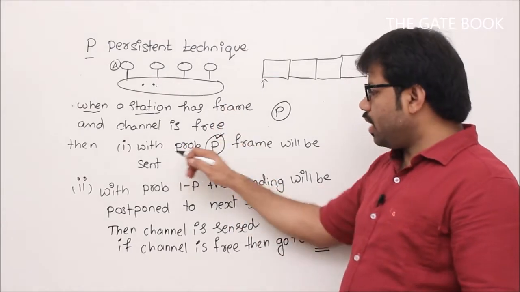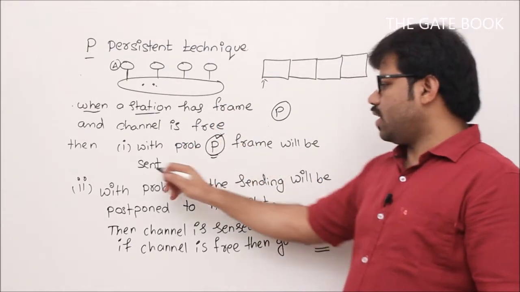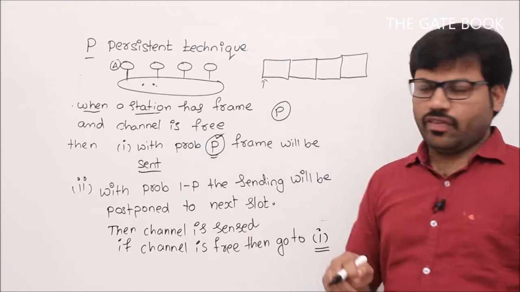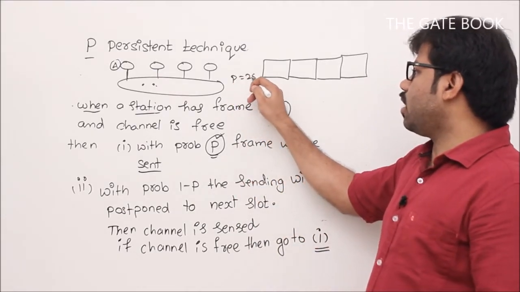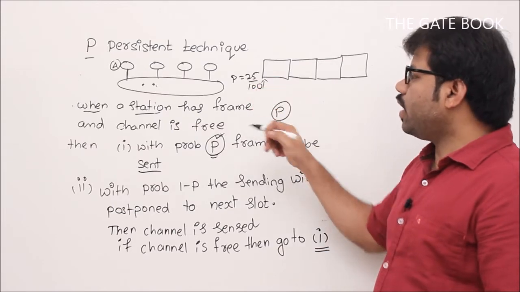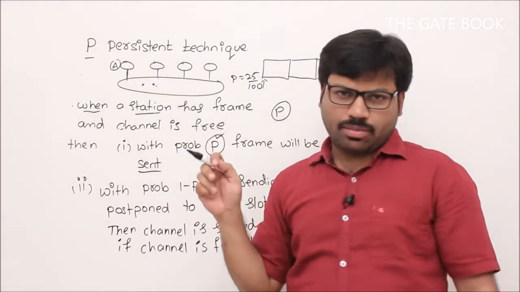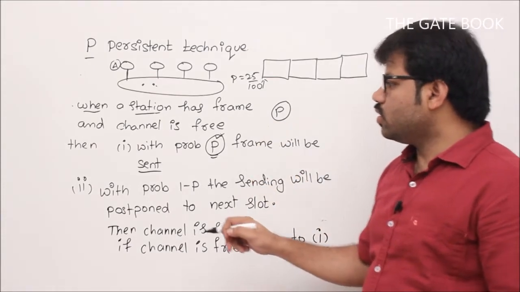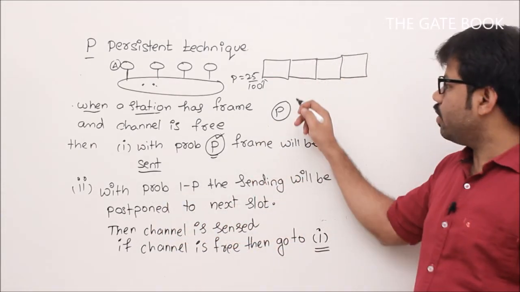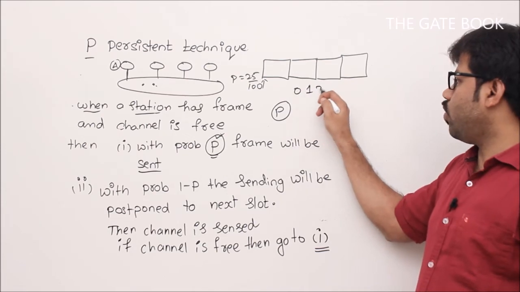With some probability P, the frame will be sent. For example, take a probability of 25%, that means 1 by 4. The station is going to generate a random number from 0 to 3, for example 0, 1, 2, 3.